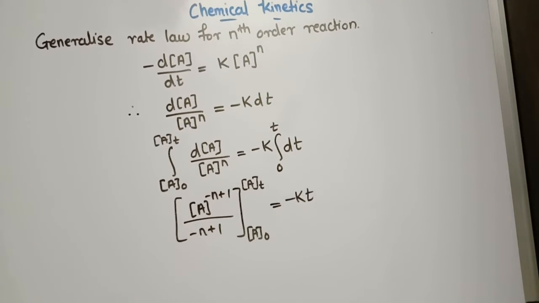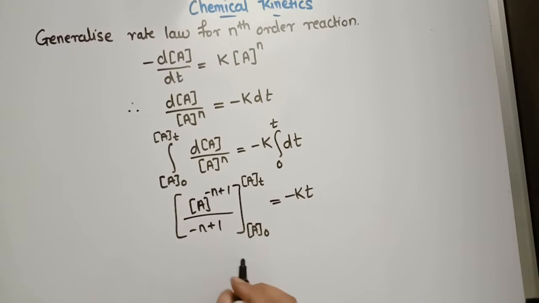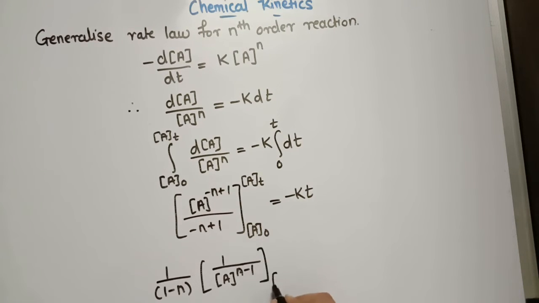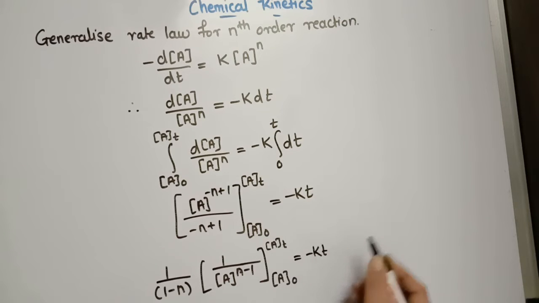So now this 1 minus n we are taking outside and putting the integration limits, n minus 1, the limits are from A naught to At, which is equal to minus kt.